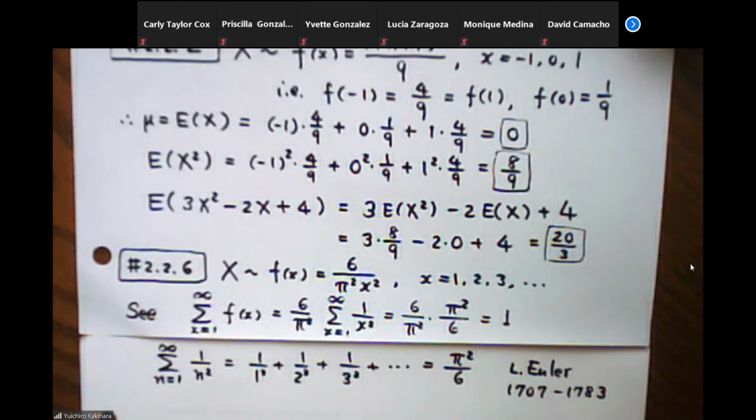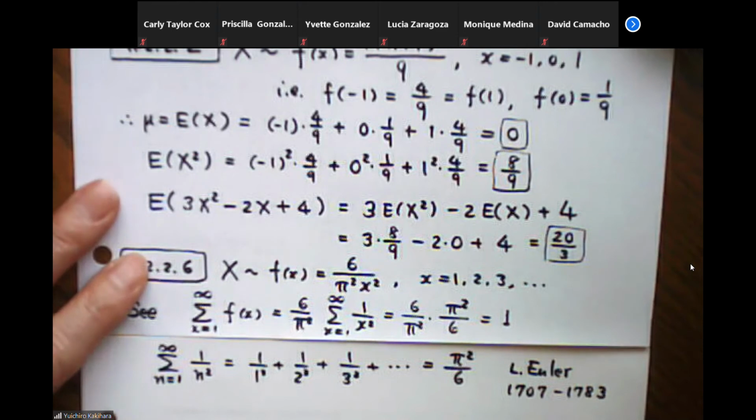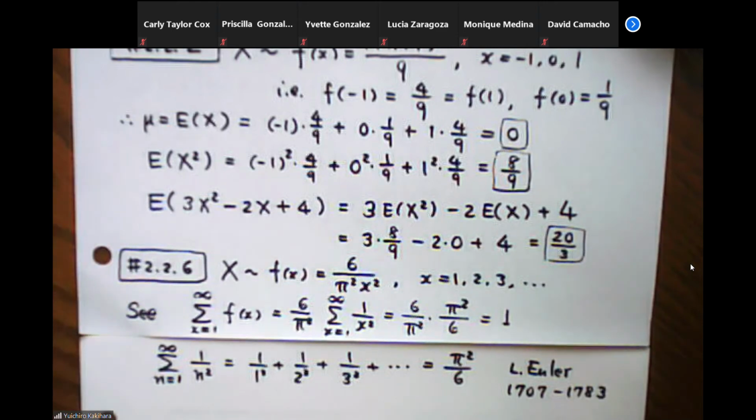Originally, this was posed by Jacob Bernoulli, the big brother of the Bernoulli brothers, who was counted as one of the founders of calculus. Together with his younger brother, John Bernoulli, Jacob Bernoulli is considered one of the founders of calculus.